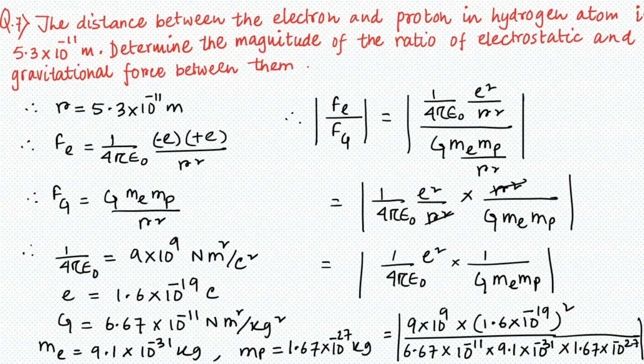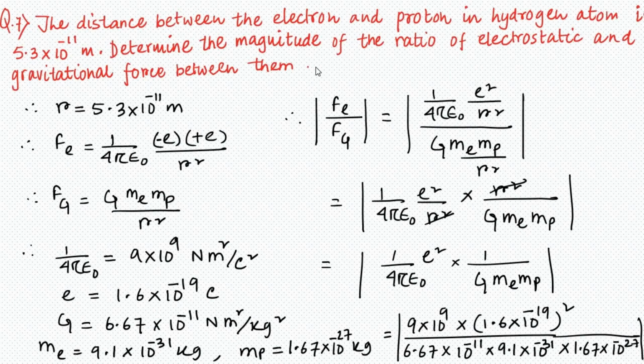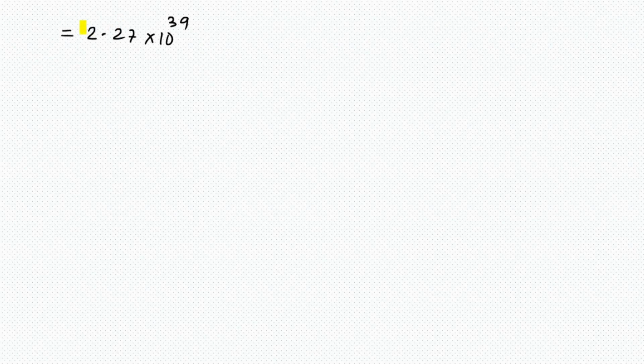And after calculating this, the answer would be 2.27 into 10 to the power 39. So the magnitude of the ratio of electrostatic and gravitational force between them is 2.27 into 10 to the power 39.